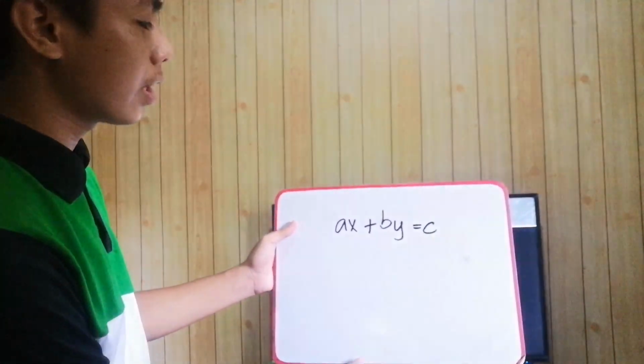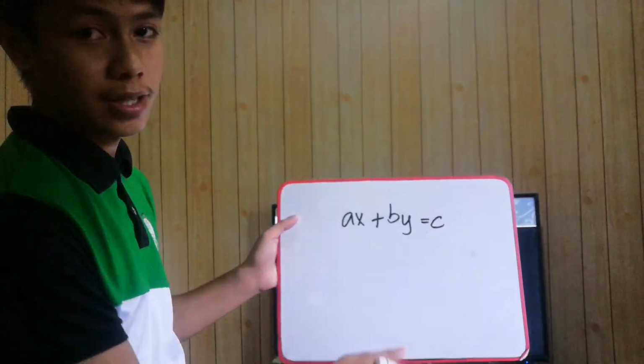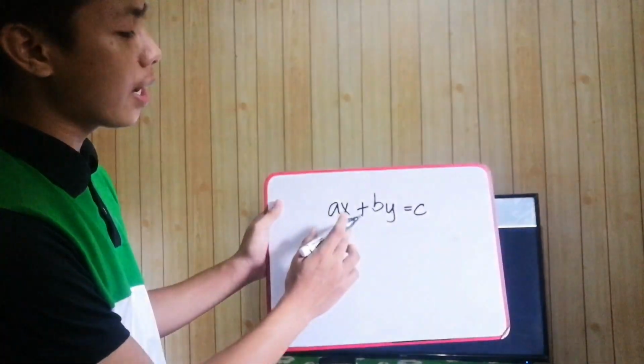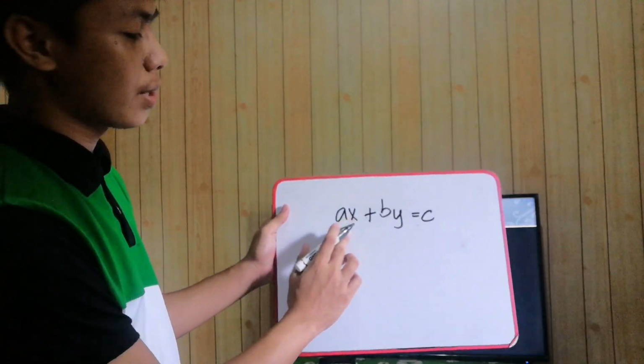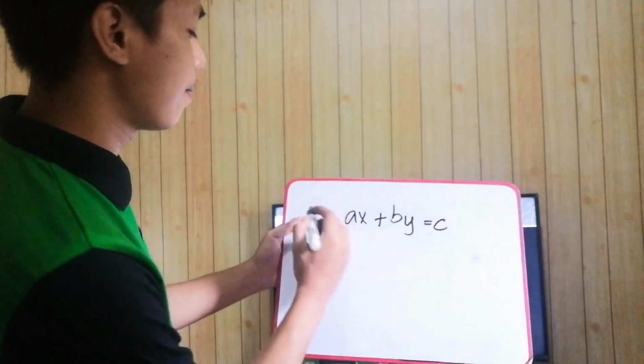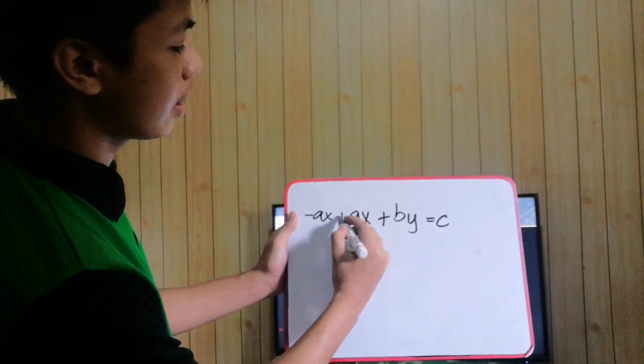So, ang gagawin natin dito para ma-eliminate ang ax is yung additive property. So, ano ang i-add natin kay ax para ma-cancel siya? So, negative ax. Add tayo ng negative ax.